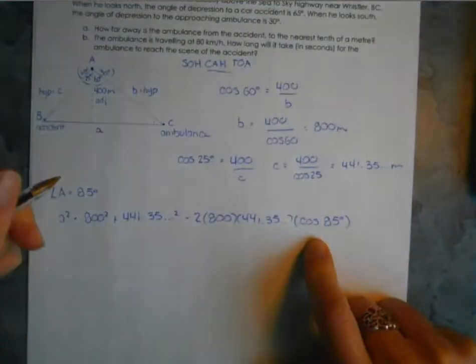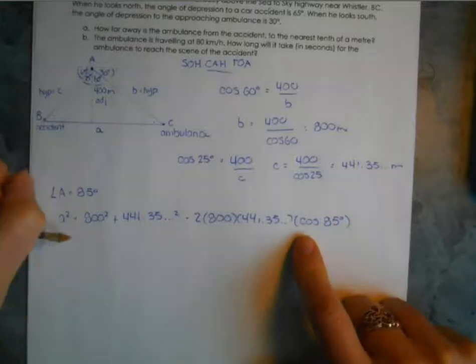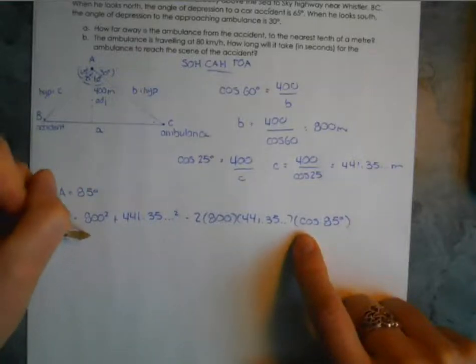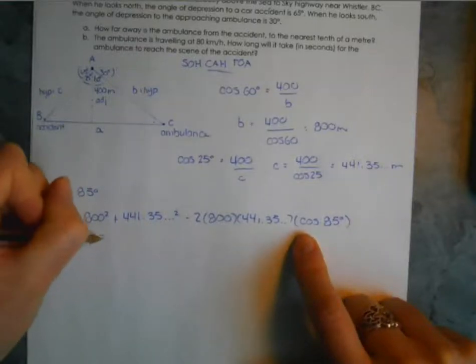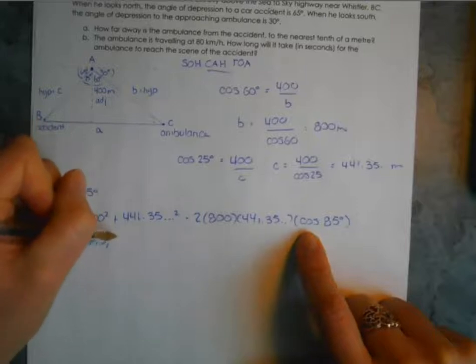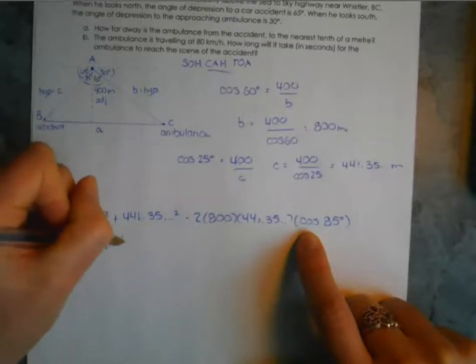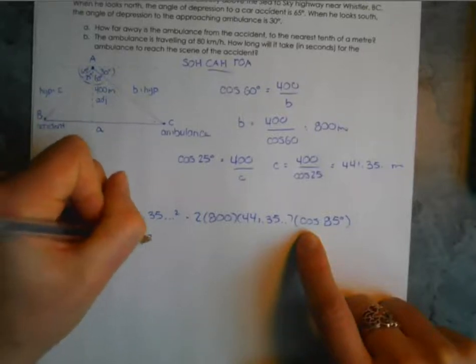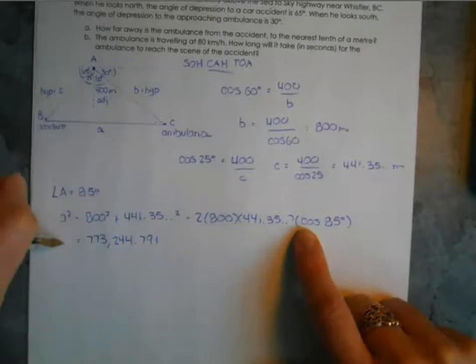Okay, and that gives us 773,244.791. So just remember we need to square root that.